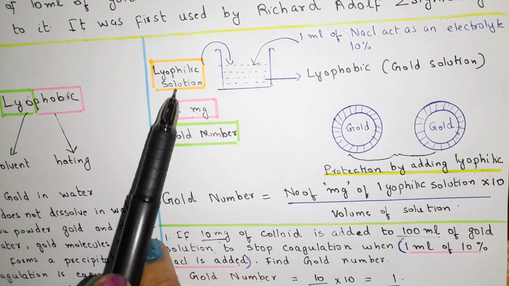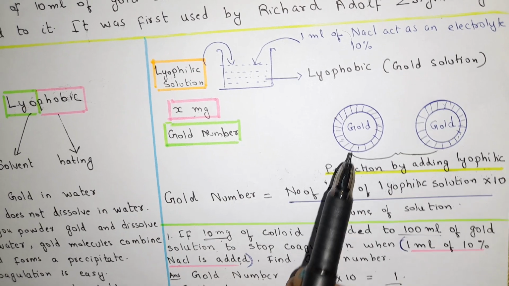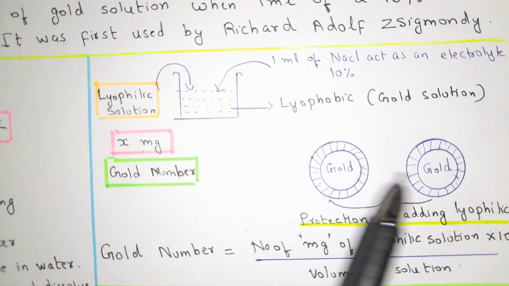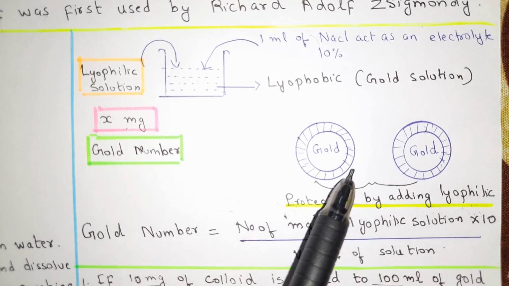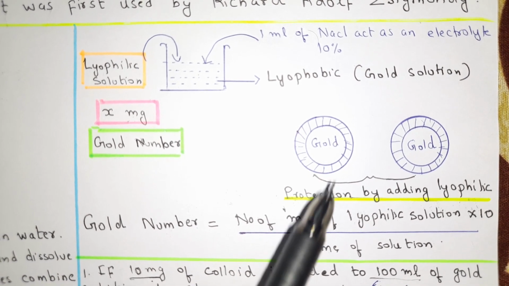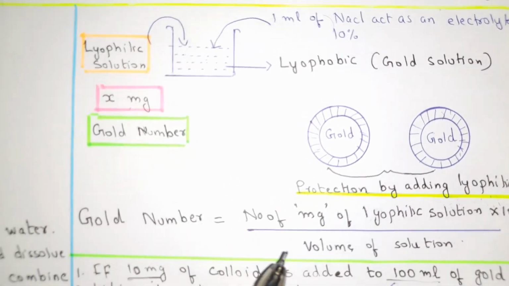We added some lyophilic solution, x milligram of lyophilic solution, and then the lyophilic solution acted as a coating over the gold molecules, preventing them from coming into close contact and thus preventing them from combining together or forming the precipitate of gold molecules, and making them more stable.